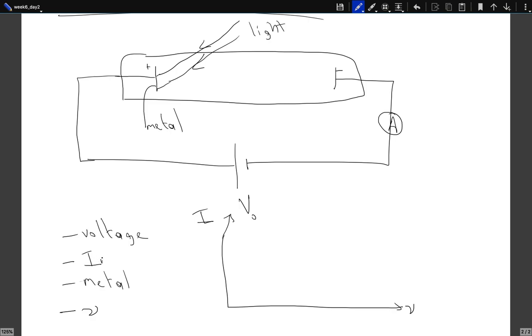No, this is intensity. Let me call this I, small I. As you change the frequency, how does the current change? Do you know?